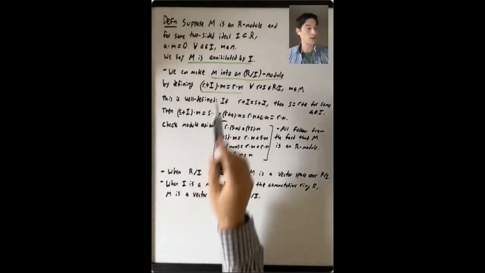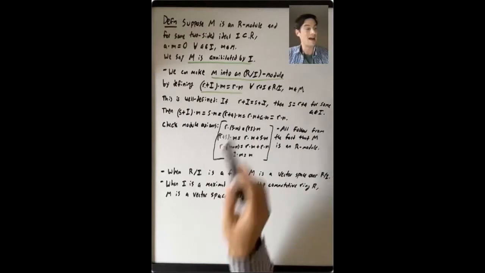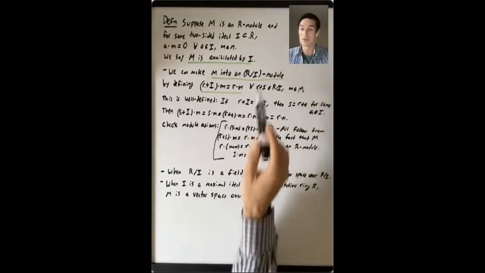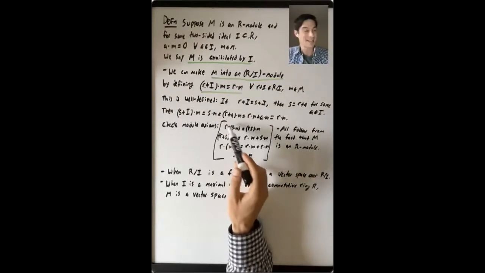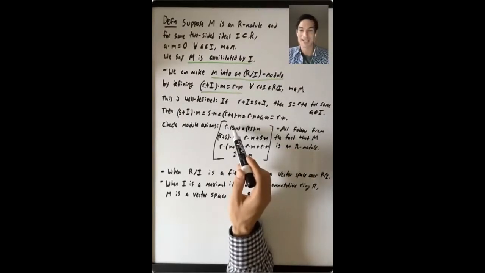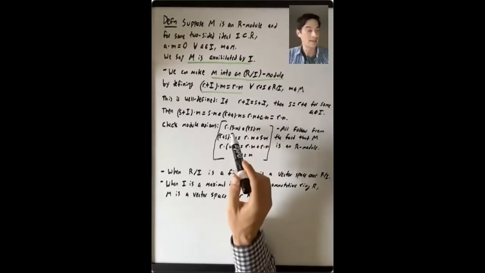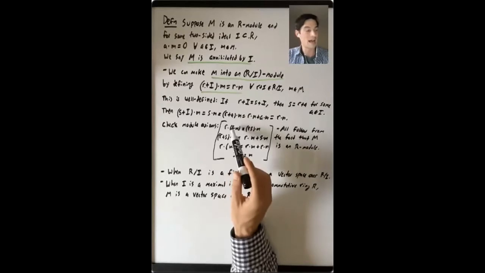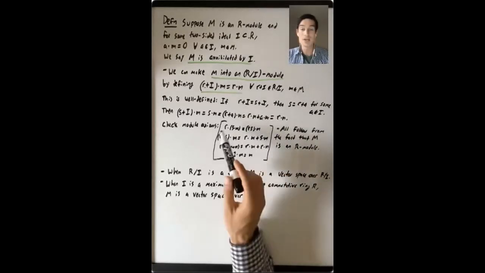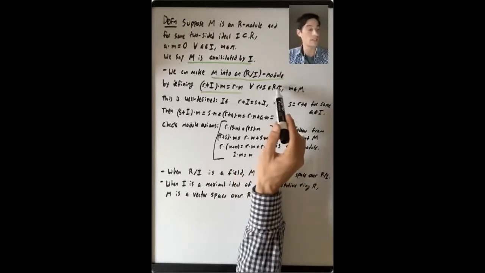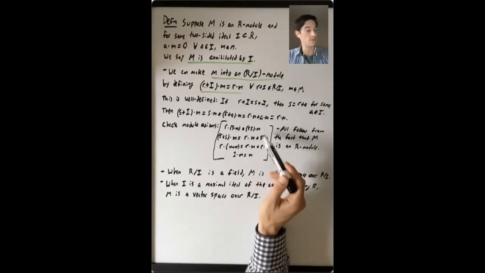Okay, so this is well defined, but then you need to actually check that this turns M into an R mod I module. So you have to check these module axioms. So what are those? You have to check that the action is compatible with multiplication in R mod I. So this property that (r times s) dot m is the same as r dot (s dot m), where now r and s are elements of this quotient ring R mod I. You have to check both of these distributive properties.